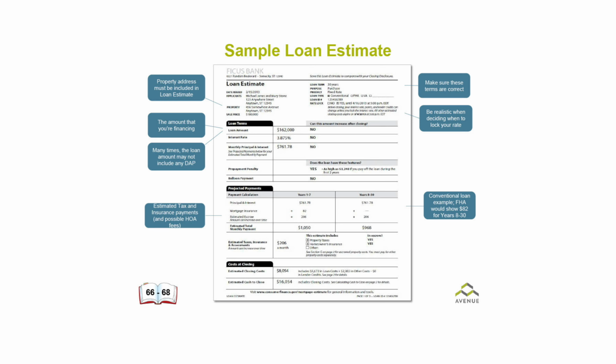They have to have that. They're not going to give you an estimate of what it's going to cost until you have all the things that we first talked about. The amount that you're financing is next. If you notice in the example, the sales price of the house was 180, but the loan amount's 162. The difference between those two is your down payment.